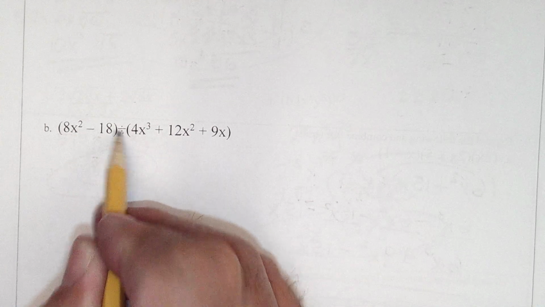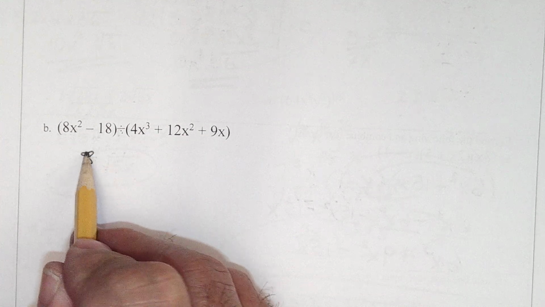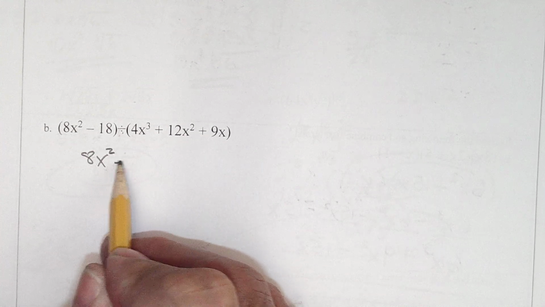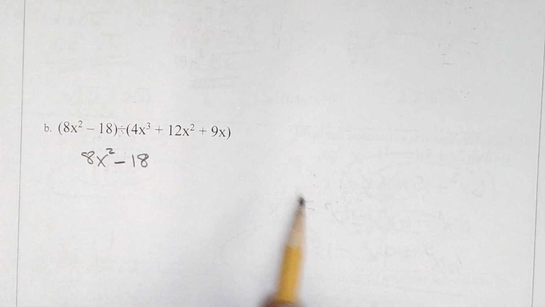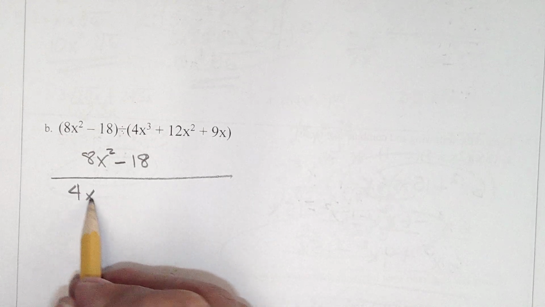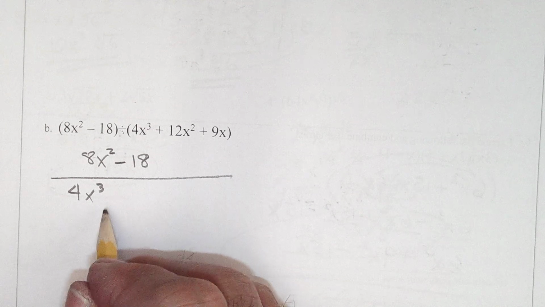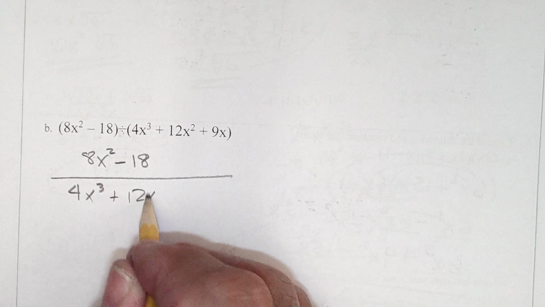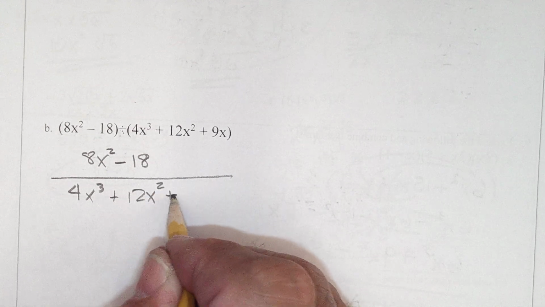Now this says divide, so we've got 8x squared minus 18 divided by 4x to the third plus 12x squared plus 9.